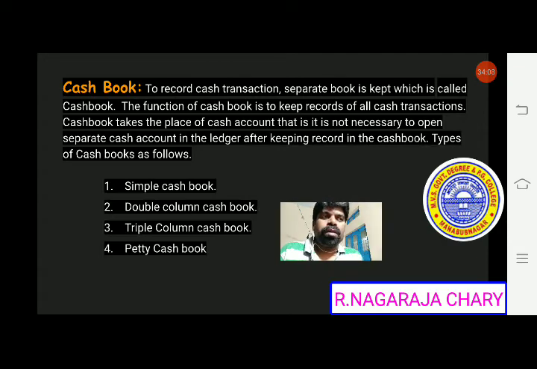Not really, an opening balance must be there, or we may have cash receipts. Sometimes we do not have any opening cash balance, then cash transactions and cash receipts will be there.